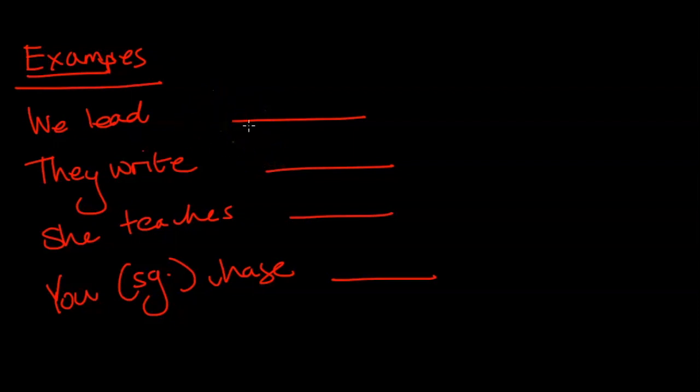Okay, so we lead. I lead is ἄγω, as we've already discussed. So we lead is just going to be the stem, which is going to be αγ, plus the ending. So the we ending is ομεν. So we lead is ἄγομεν. Next is they write.